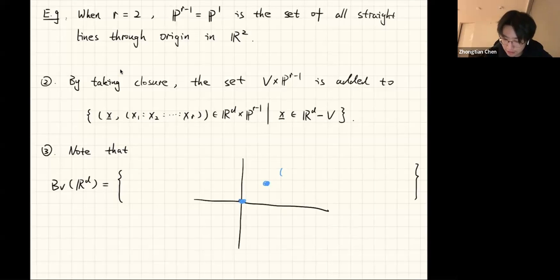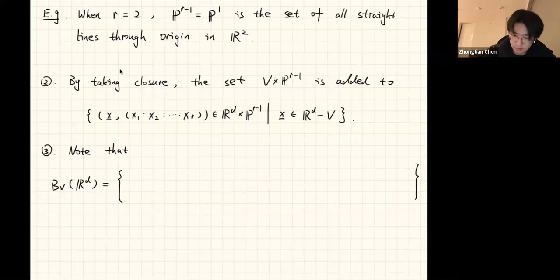But at the origin, there are a lot of directions we can choose, so the corresponding thing in projective space will be the whole projective space. That is what you add by taking the closure.